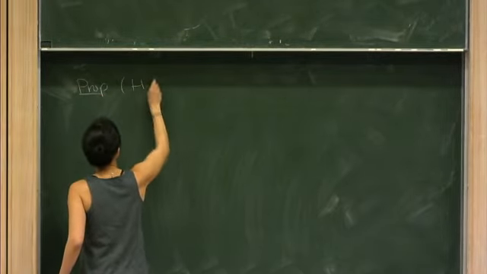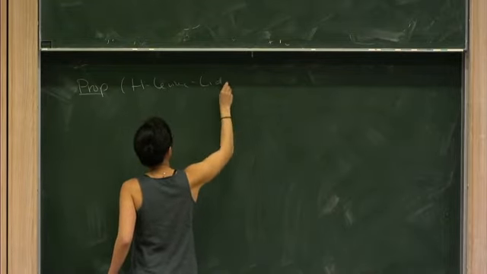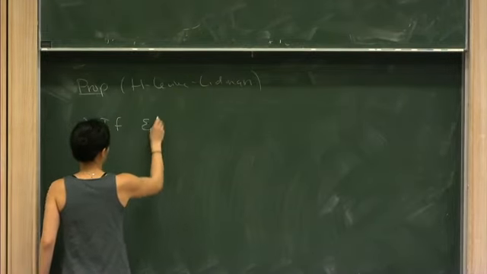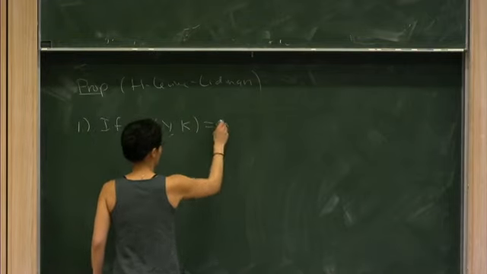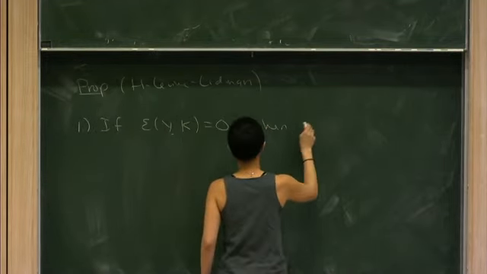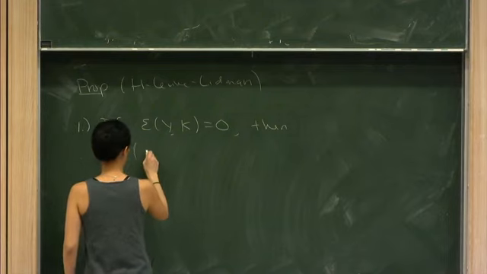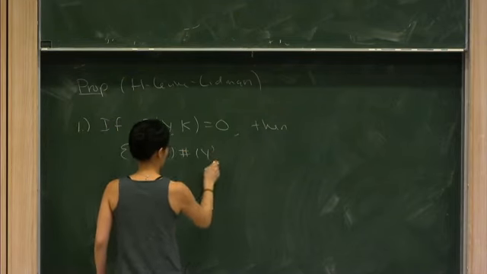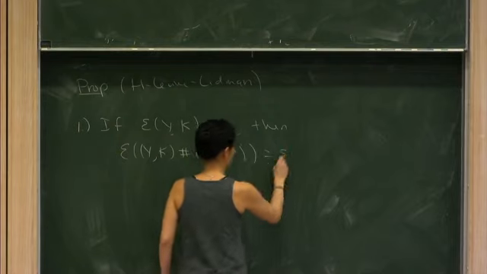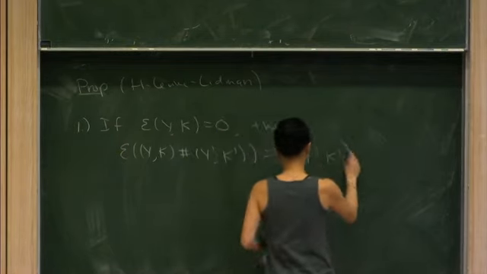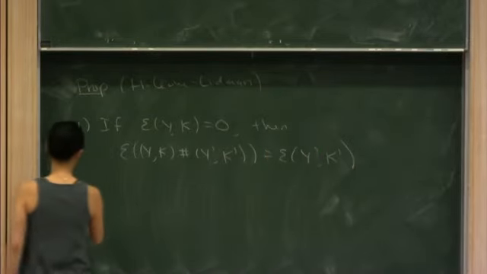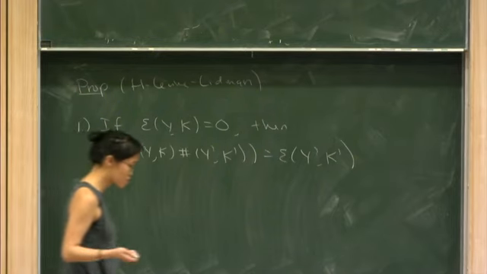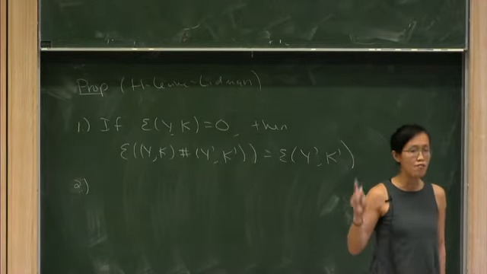Proposition. If epsilon of your knot vanishes, then epsilon of that connected sum with something else is epsilon of that something else. The second property describes the relationship between epsilon and tau for knots in S3.